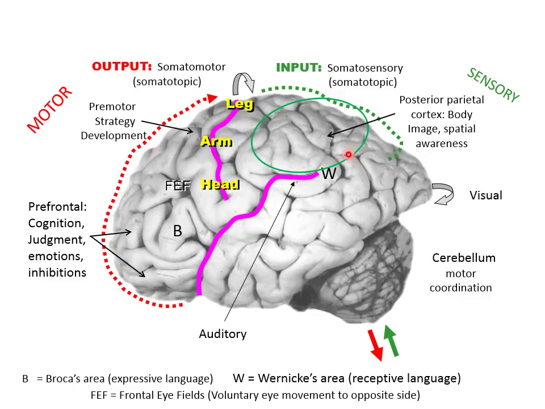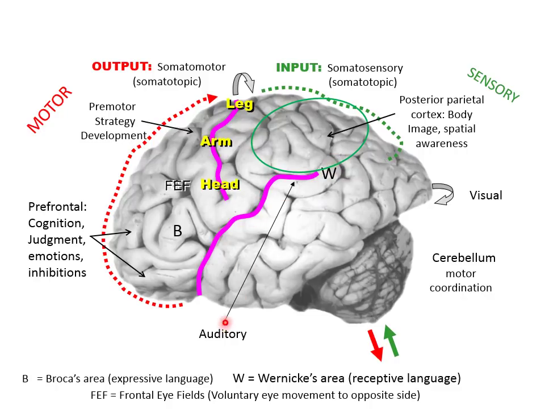We have association cortex, as we've described in the parietal lobe. We have visual cortex and visual information represented in the occipital cortex. And we have Wernicke's area located in the posterior portion of the superior temporal gyrus, and it extends in this region.